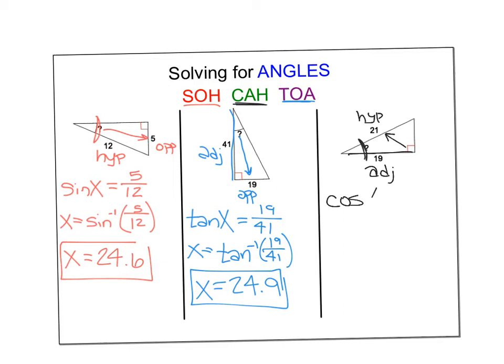So I have cosine of x, because remember that's our angle, we don't know what it is, equals adjacent, which is 19, over hypotenuse, which is 21. So to get the x by itself, I'm going to take the inverse cosine of 19 over 21. All right, and I'm going to plug that into my calculator, and I will get about 25.2.